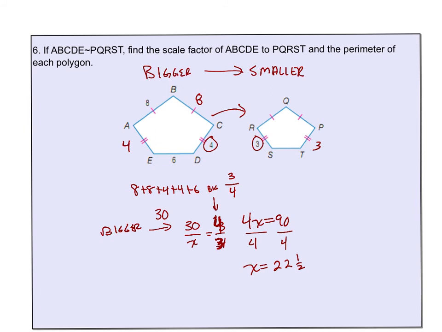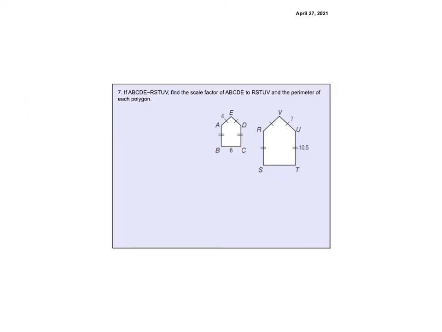So 90 divided by 4, yeah. So this perimeter is just going to be 22.5. And again, making sure that both things from the same shape are in the same location is key there.